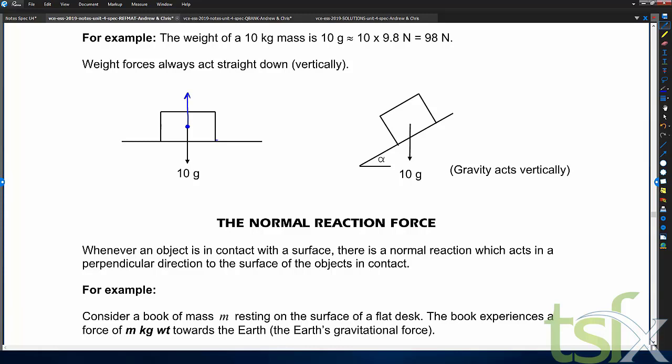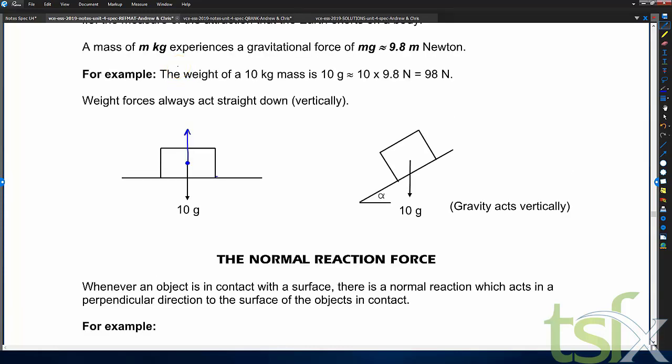So if we were going to do it on here, let's say that we've got some force here. If I'm going to do the normal reaction, I do not draw these things as straight lines because they're not actual forces, are they? So if I said draw a force vector diagram of everything acting on that, there's my normal reaction there.